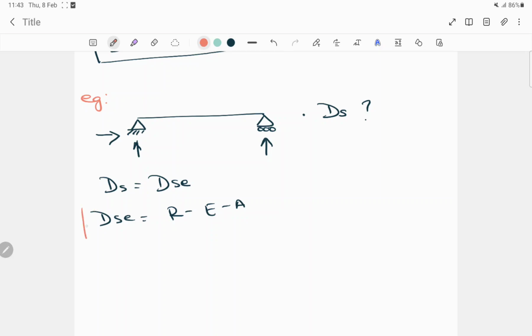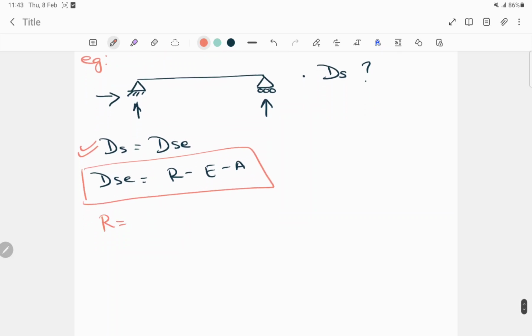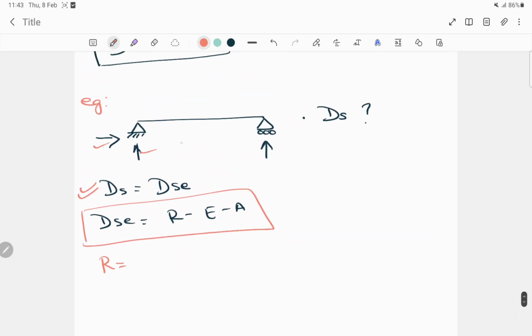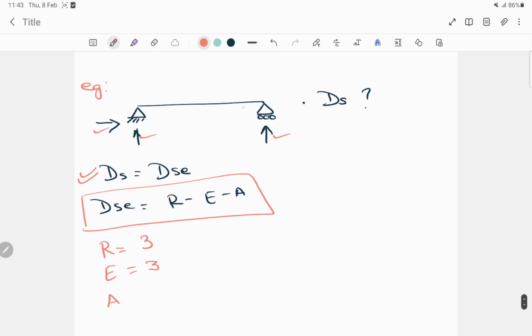Our main motive is to find the DS value here. So the number of R is equal to the number of unknown reactions, 1, 2 and 3, and E, we know the equations of equilibrium, is nothing but 3. And A, see, in this beam there is no hinge inside, so the value of A will be 0.